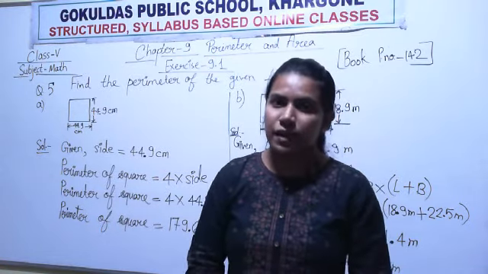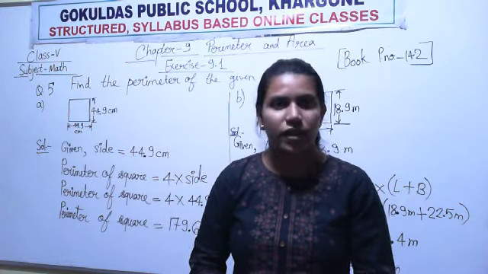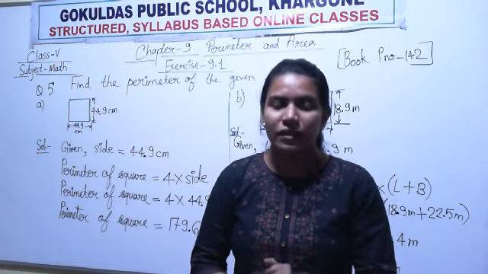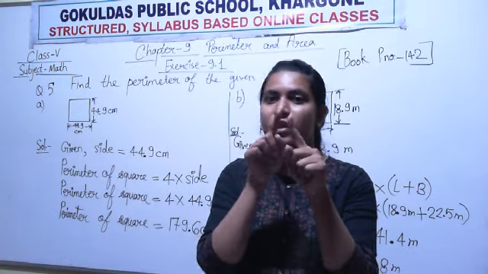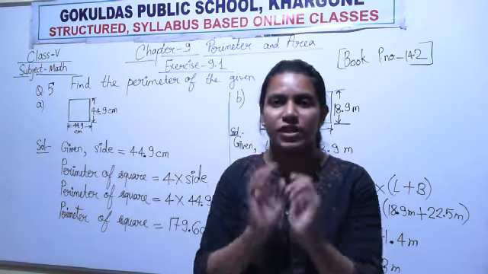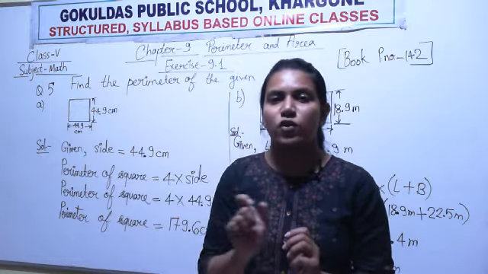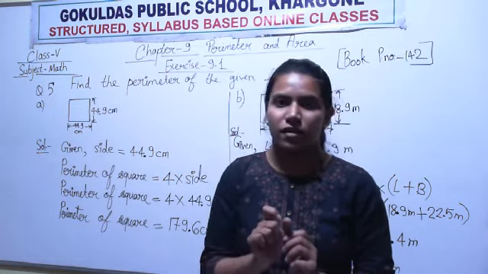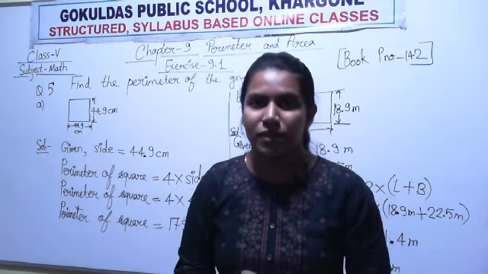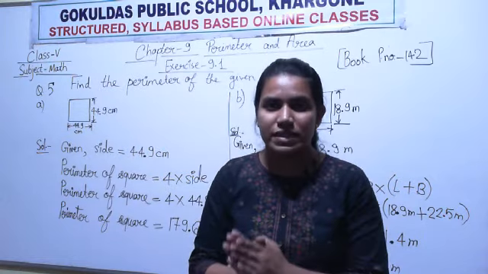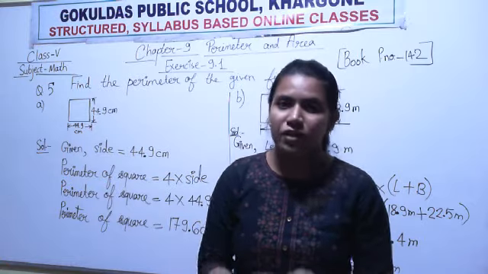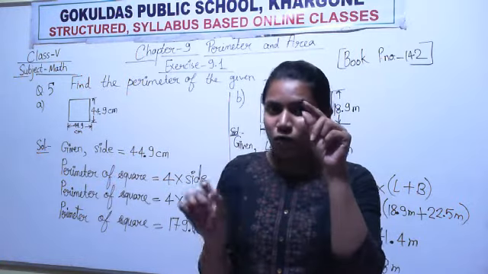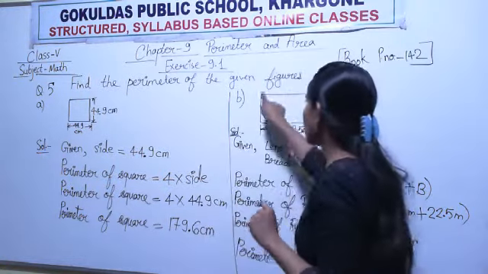Even this exercise 9.1 was based on the perimeter topic, right? What is the perimeter? When we walk along the boundary, when we talk about the boundary of any shape, the sum of the total length of boundary is known as perimeter, or the sum of all sides is known as perimeter. In perimeter we talk about boundary, just the boundary length.